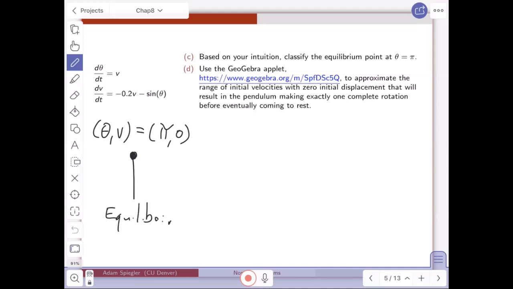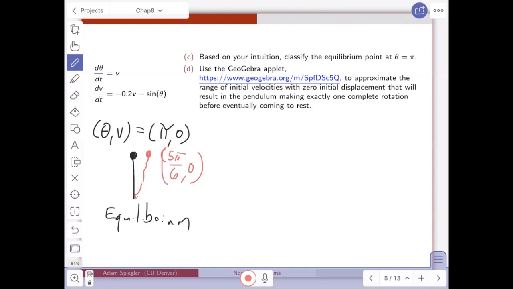But if you want to think about whether this equilibrium is stable or not, you can think about, well, if I had an initial condition which is pretty close to that, where theta is not quite pi, so maybe theta is like 5 pi over 6, and we still don't give it any velocity. That's pretty close to the equilibrium.